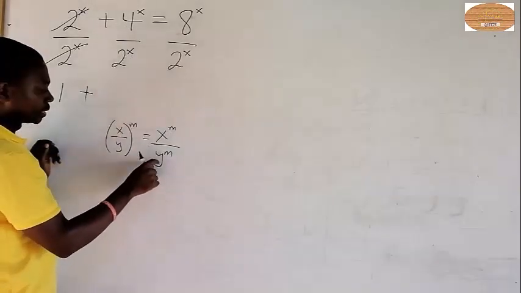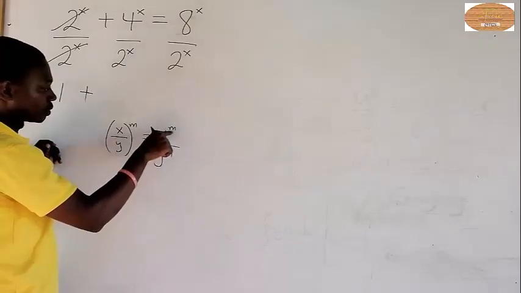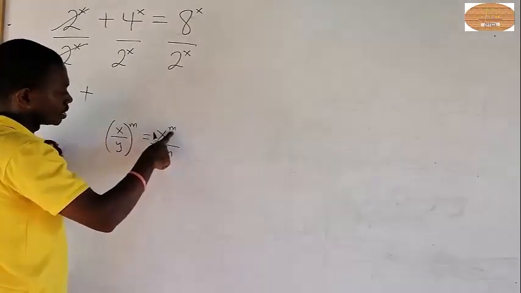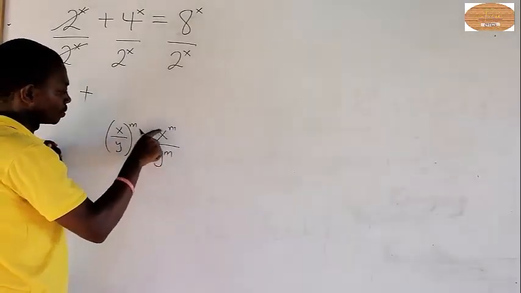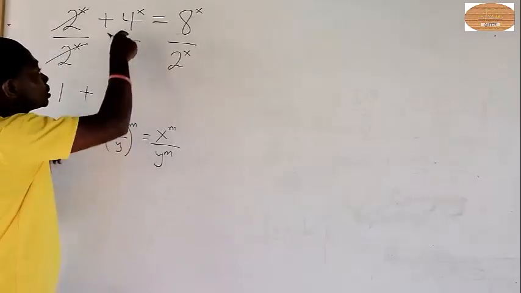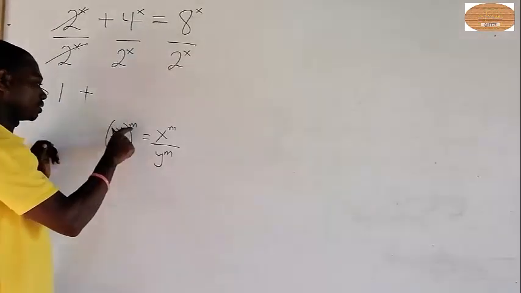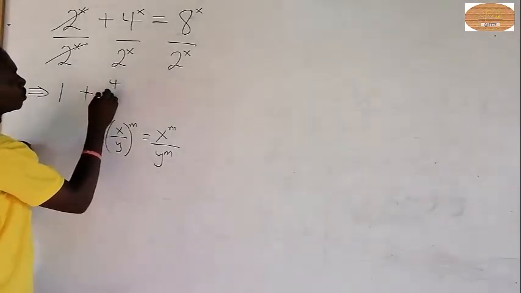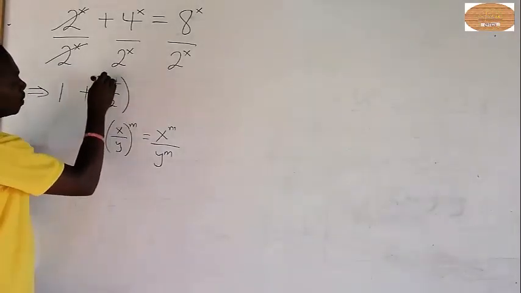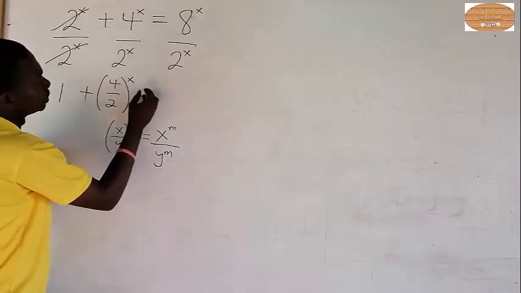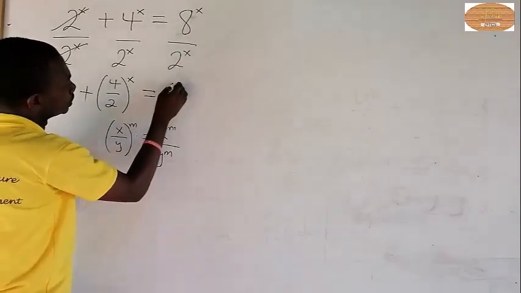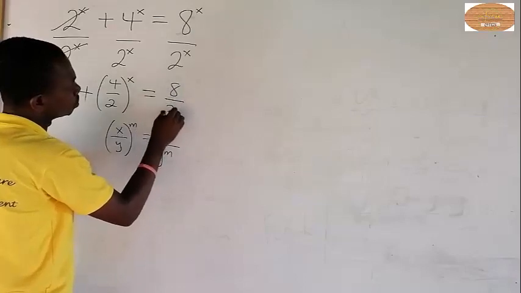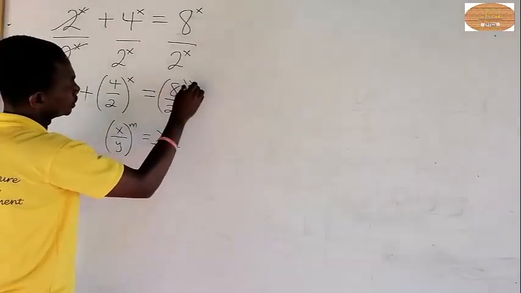Meaning that you can take one of the exponents, since they are the same, and put the bases into the bracket, then write only one exponent. So this one will be 4 over 2 all to the power x. I'll do the same to this one, 8 over 2 all to the power x.